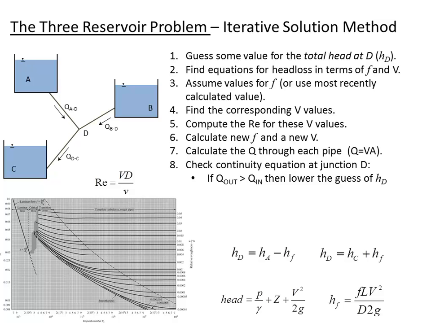Think about it: there's tons of pressure at D that would shoot water towards C really quickly, but then there wouldn't be much of a driving force taking water from A and from B towards that junction. So that's what this logic is based on: if the flow rate out is bigger than the flow rate in, that means that your guess of the amount of energy at D is too high.